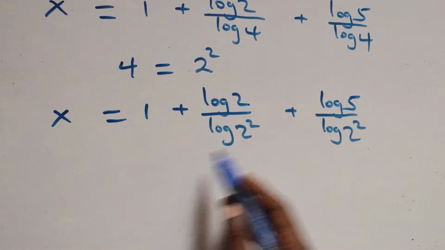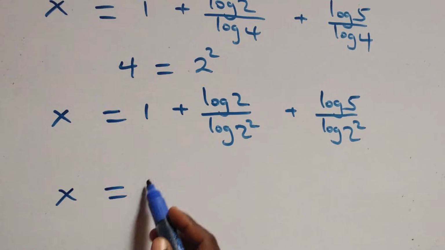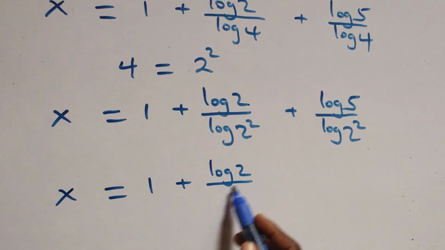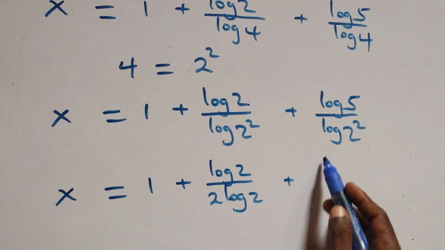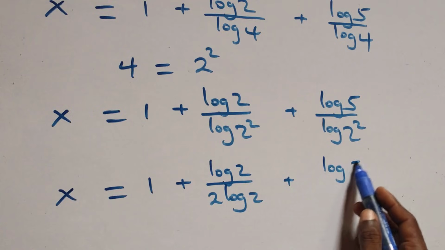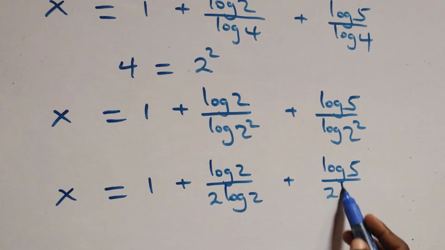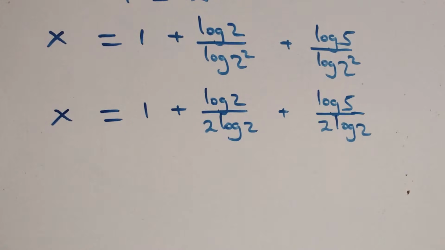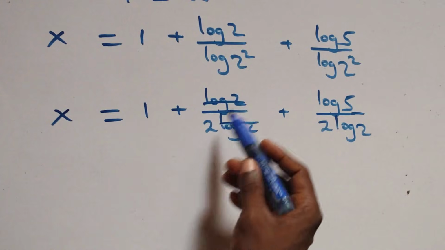2 comes here and also here. Now we have x equals 1 plus log 2 over 2 log 2 plus log 5 over 2 log 2. That is, from here, log 2 cancel each other.